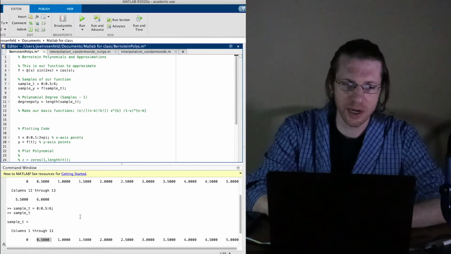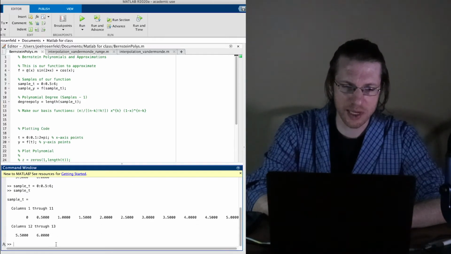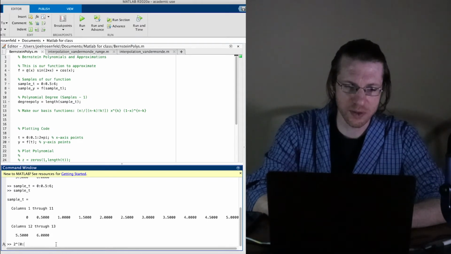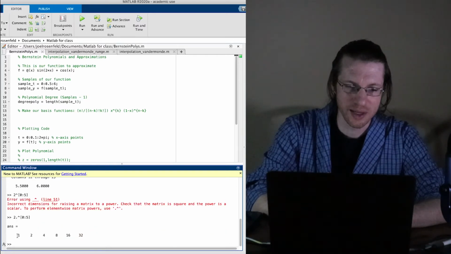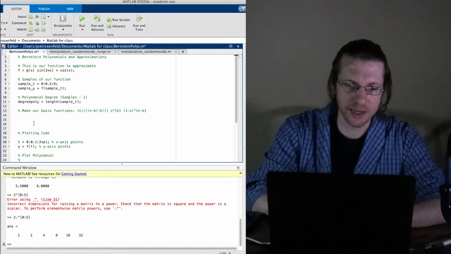So these are the binomial coefficients, and these are my individual terms. Now we saw before that there's a slick trick. If you say I have 2 and you raise it to the power of 0 up to say 5, then if you put a period here, it gives us 1, 2, 4, 8, 16, 32. That's where we're getting our x from.